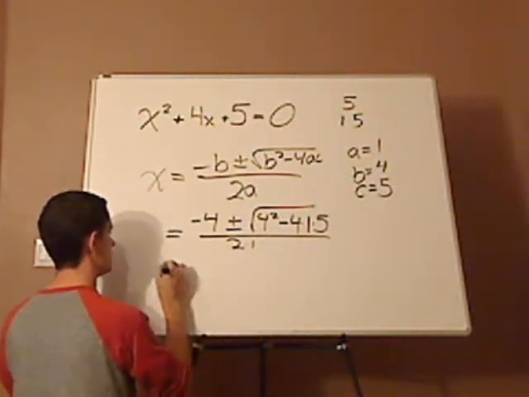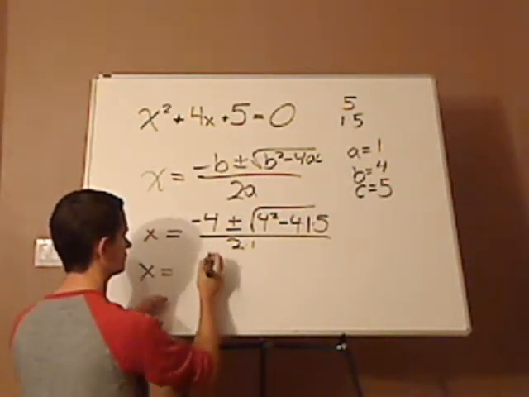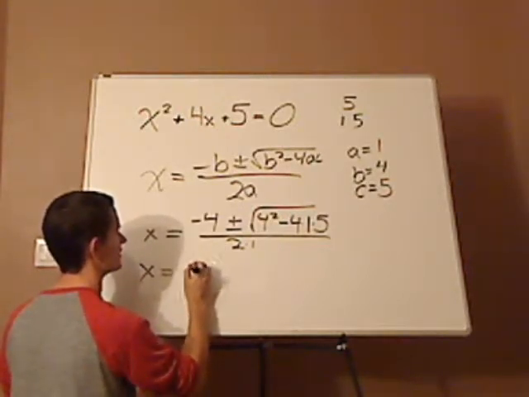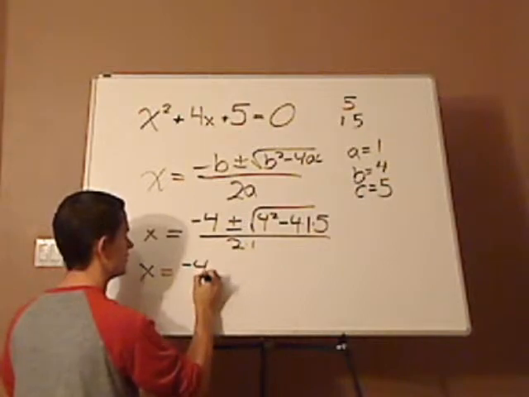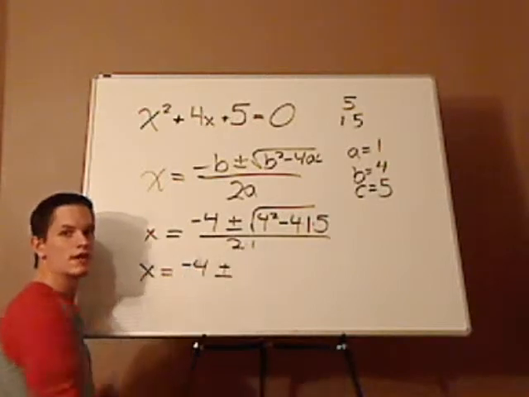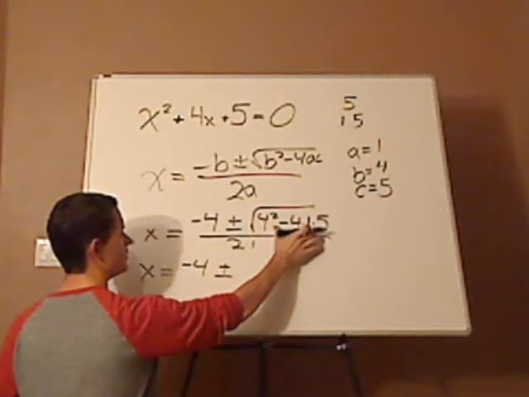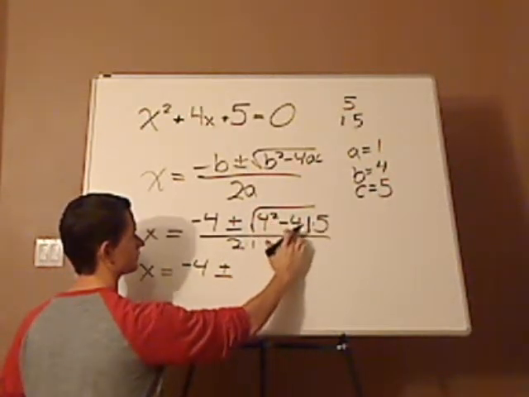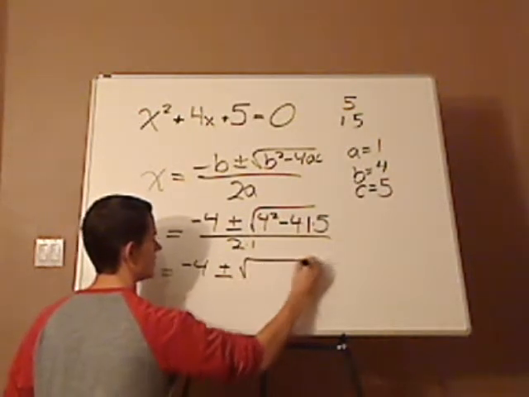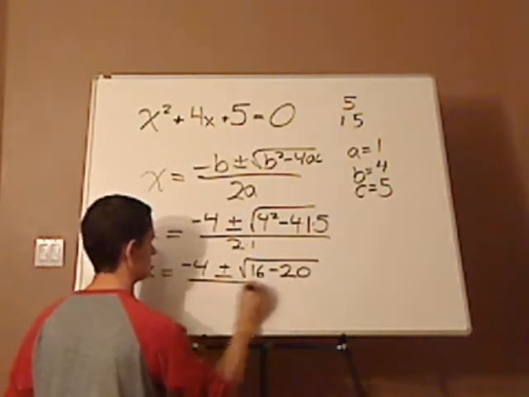Then what you want to do is simplify it. So you have negative 4. Order of operations tells you that this square root is a grouping symbol, so you want to do what's underneath it first. So you have 16, and then this is 4 times 5. So you have 16 minus 20, all over 2.